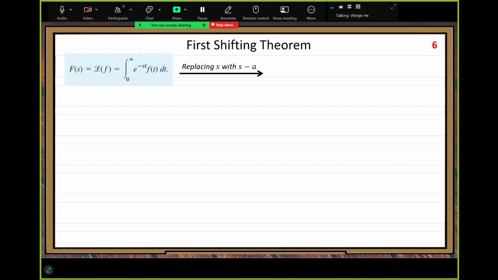If you just plug in, you have this capital F of s minus a. Then in the integral, you need to change the exponent of that e function. Then simplify it.